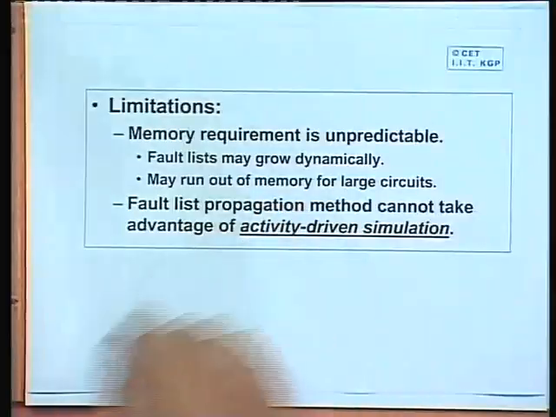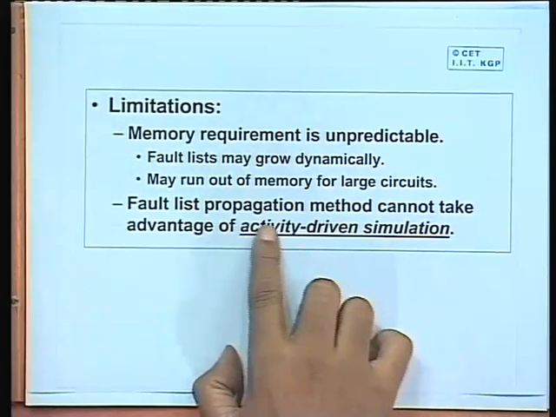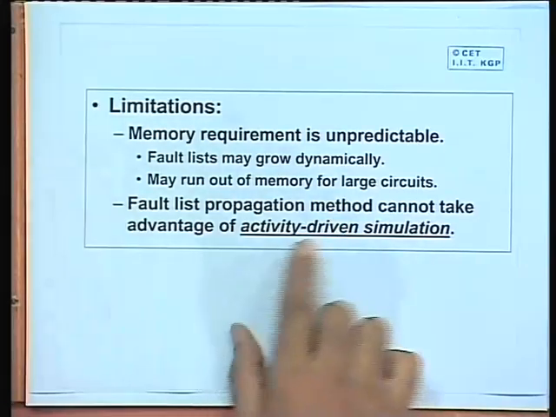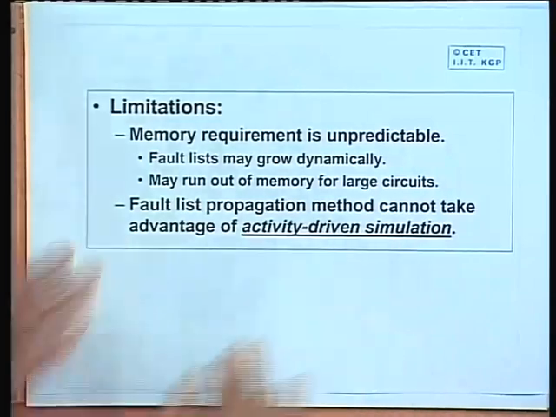So, in general it may run out of memory for large circuits, and the method of fault list propagation used in this method cannot take advantage of a technique called activity driven simulation, where whenever there is an activity you simulate, otherwise not. You really cannot take advantage of that in this scheme. But as such, this scheme is a very interesting method. Just by maintaining the fault list and doing a true value simulation, you can find out all the faults which are getting detected in the output circuit.